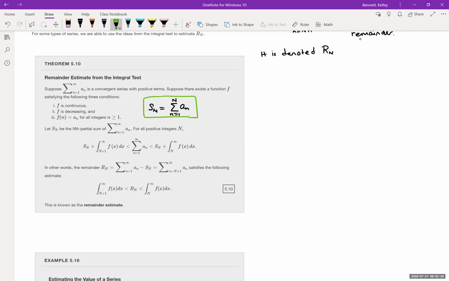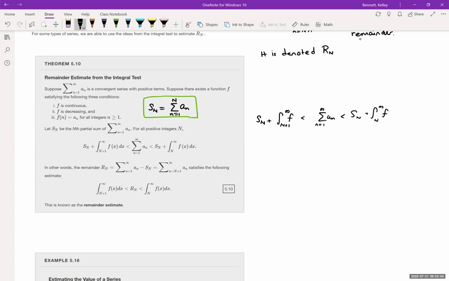So here's the derivation. You have S sub n plus the integral from n plus 1 to infinity of f.